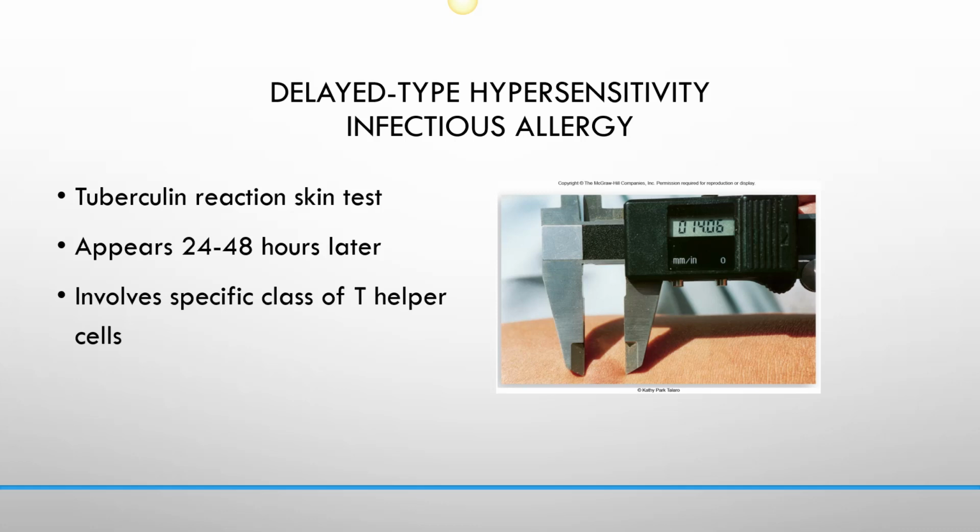It's known as PPD, or purified protein derivative. If your body has been exposed to tuberculosis, your T cells, your memory T cells, will start to mount an immune response against that PPD. And in that process, it will cause the skin to kind of form this little bump, and it'll change the color of the skin in the area.